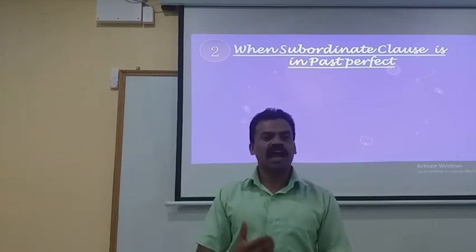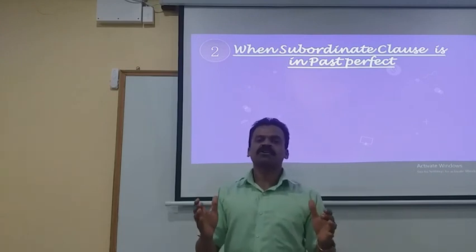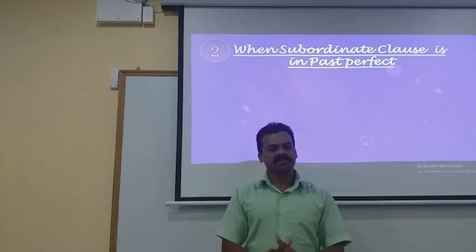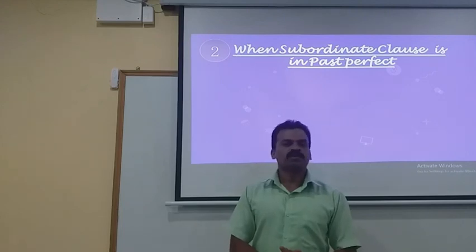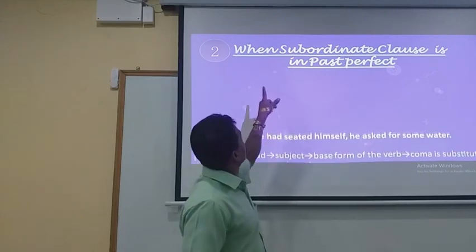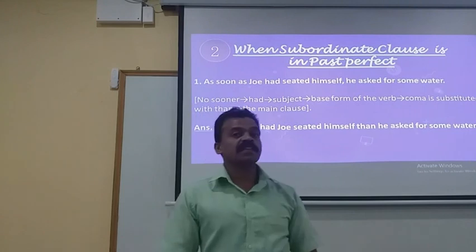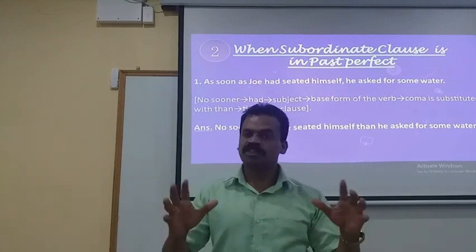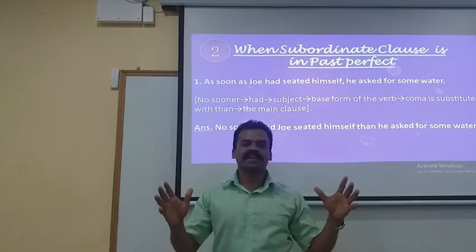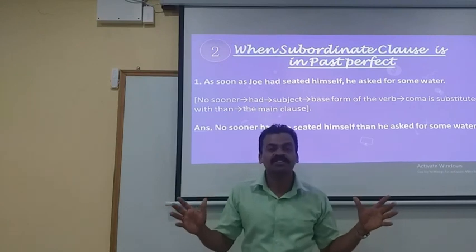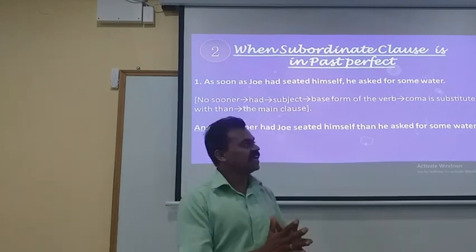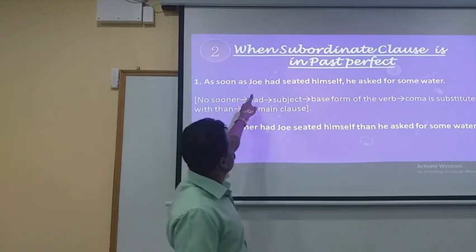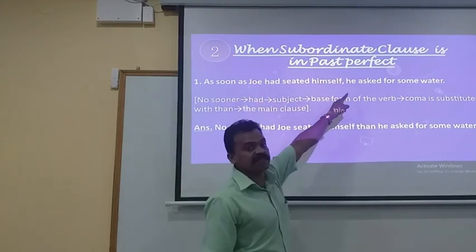The first part we have already seen, that is when the subordinate clause is in simple past, the second form of the verb. Now we are going to see when the subordinate clause is in past perfect. We already saw that we make all the changes in the subordinate clause and leave the main clause untouched. Let's see an example: "As soon as Joe had seated himself."